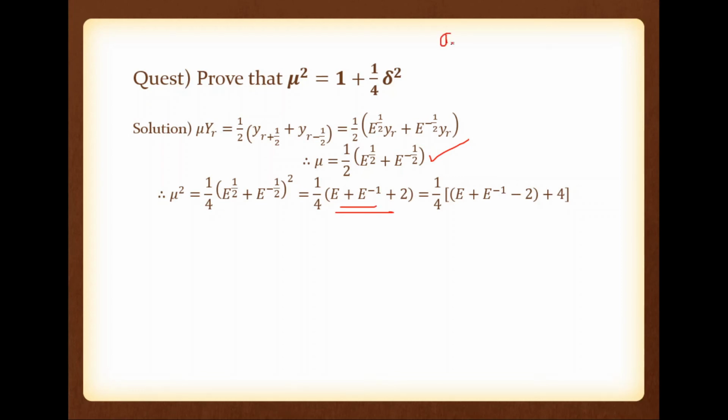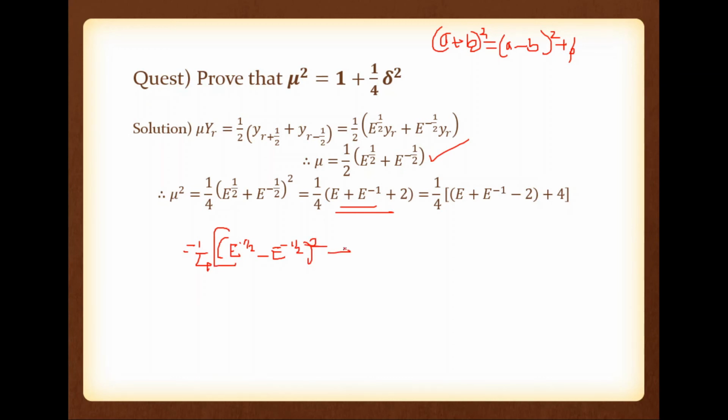Please remember a plus b whole square is equal to a minus b whole square plus 4, where a is nothing but e raised to 1 by 2 and b is e raised to minus 1 by 2. So directly from this one you can write 1 by 4 into e raised to 1 by 2 minus e raised to minus 1 by 2 whole square plus 4.